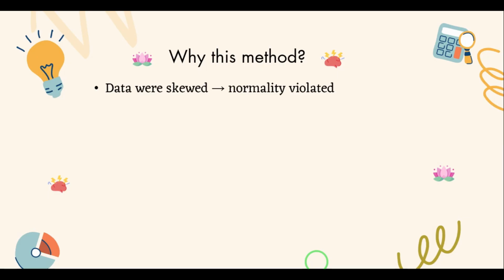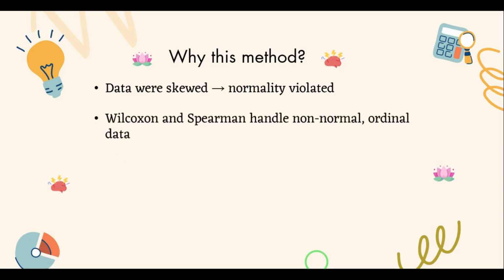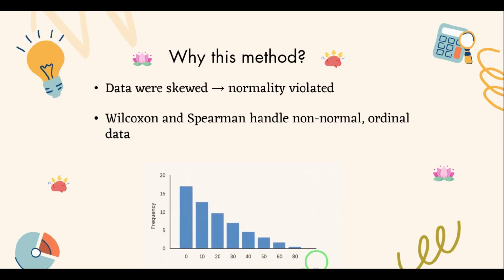And when data are skewed or ordinal like this, parametric tests aren't ideal. So we use non-parametric options. The Wilcoxon Signed-Rank Test is used to compare paired stress scores, pre versus post. And the Spearman's rank correlation is used to check if more mindfulness practice predicts greater stress reduction.